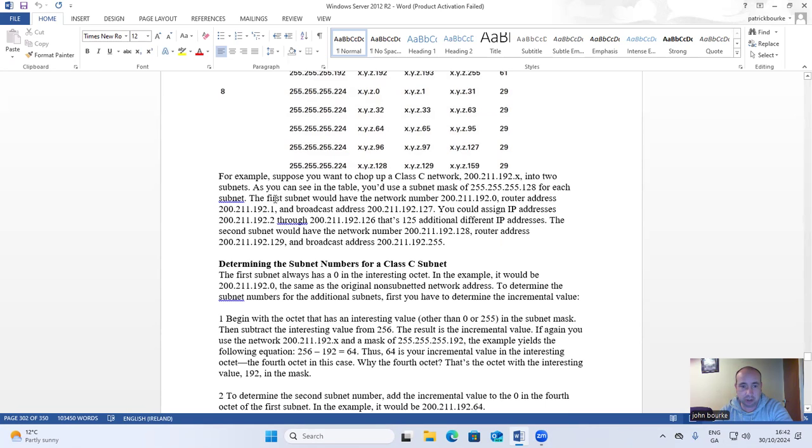For example, suppose you want to chop up a Class C network 200.211.192.x into two subnets. As you can see in the table, you'd use a subnet mask of 255.255.255.128 for each subnet. The first subnet will have a network number of 200.211.192.0, router address 200.211.192.1, and a broadcast address of 200.211.192.127.